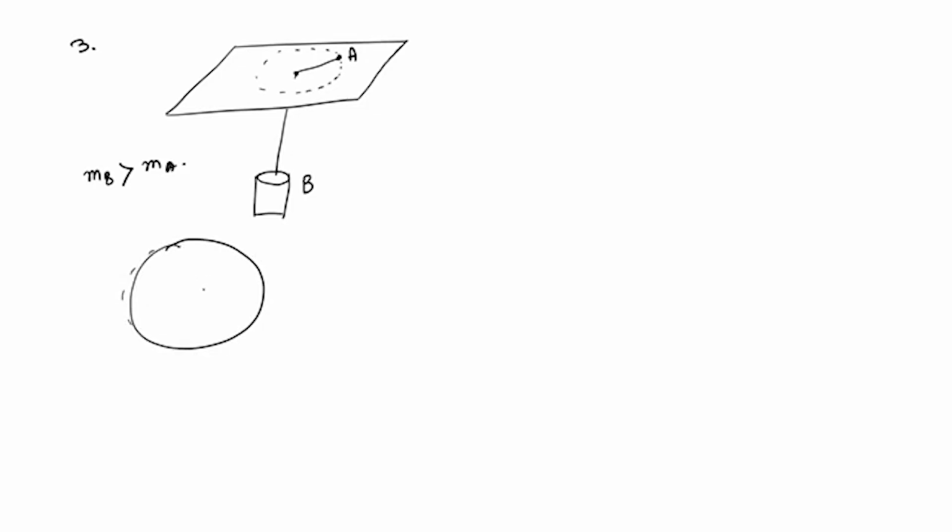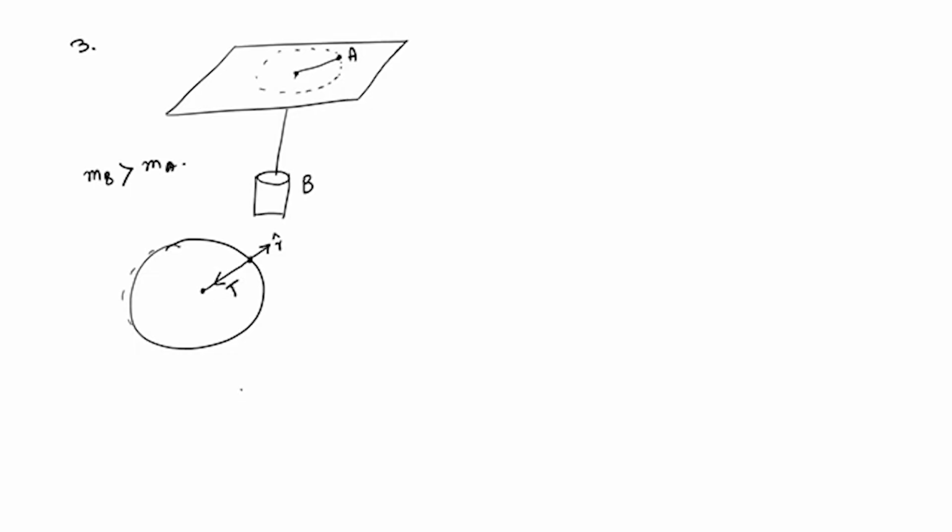So, this is A, and this is the r cap direction. Now, we are solving it in cylindrical coordinates, or rather plane polar coordinates, and this mass is executing a circular motion.